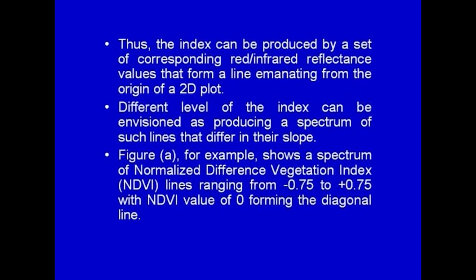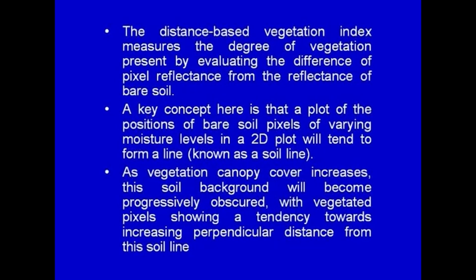slope. The distance based vegetation indices measure the degree of vegetation present by evaluating the difference of pixel reflectance from the reflectance of the bare soil. A key concept here is that a plot of the positions of the bare soil pixels of varying moisture levels in a 2D plot will tend to form a line known as the soil line.